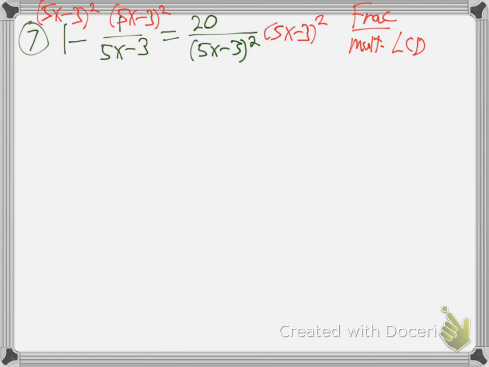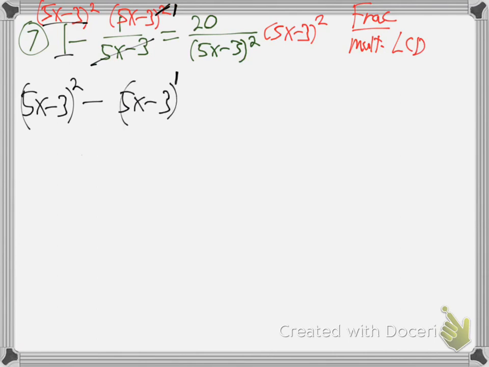So what becomes of that? Well, right here, 5x minus 3 squared times 1, that's just 5x minus 3 squared, minus. Here, this cancels one of these, leaving us a single 5x minus 3 to the first power, huh? Equals, and here they totally cancel, and we just have 20.